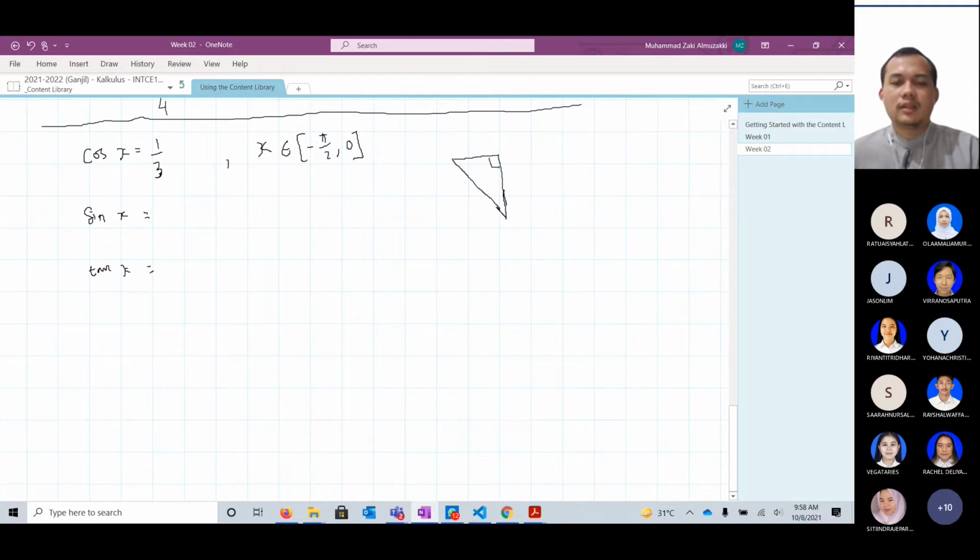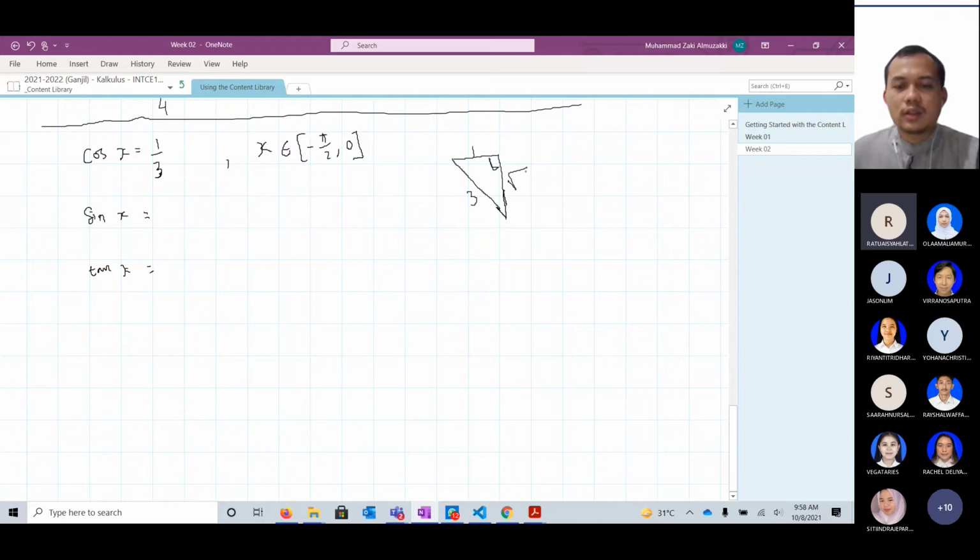Now, where should I put the 1 and where should I put 3? 3 is on the slanted line, sir. Okay, 3 is here and 1 is horizontal. So what is the value of this vertical line? 2 square root of 2.